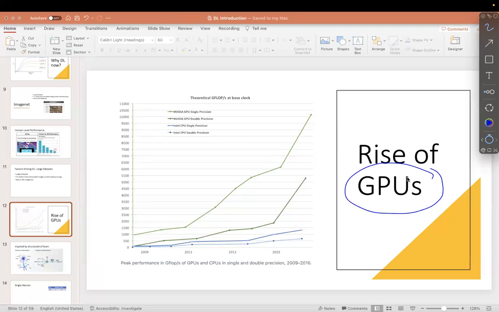So the availability of large amounts of data and better computation in terms of GPUs drove the whole advancement in deep learning in the later years.